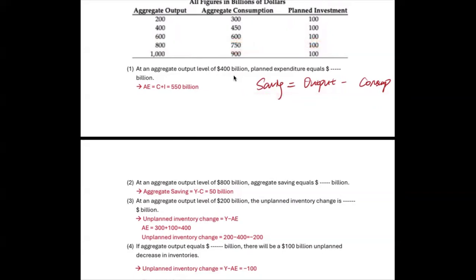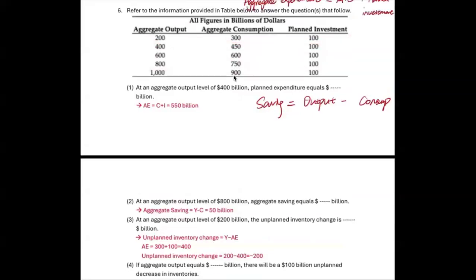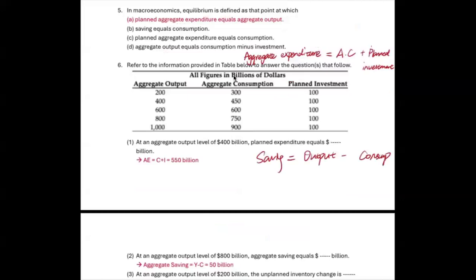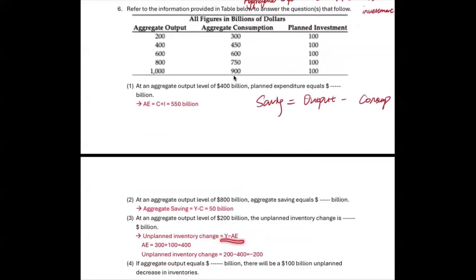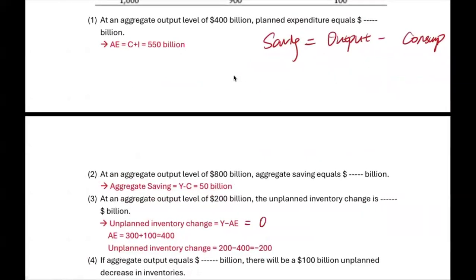And for 3, at an aggregate output level of 200 billion, only look at the first row. Then what is the unplanned inventory change? The definition of unplanned inventory change is here: Y subtract aggregate expenditure equals output subtract aggregate consumption subtract planned investment.